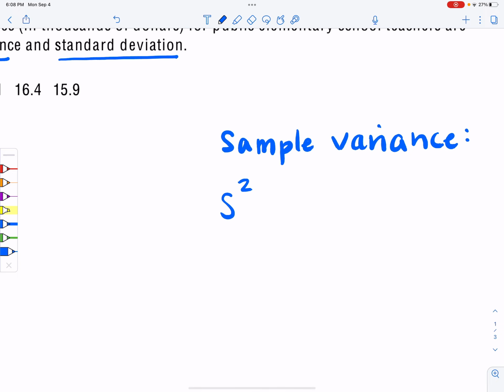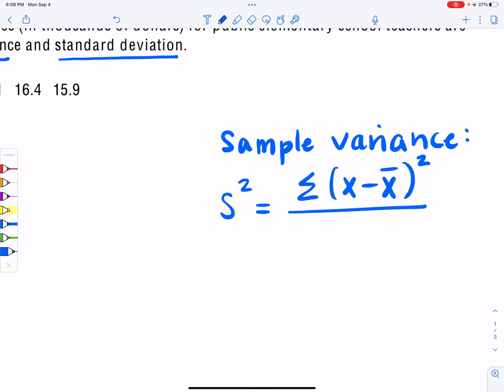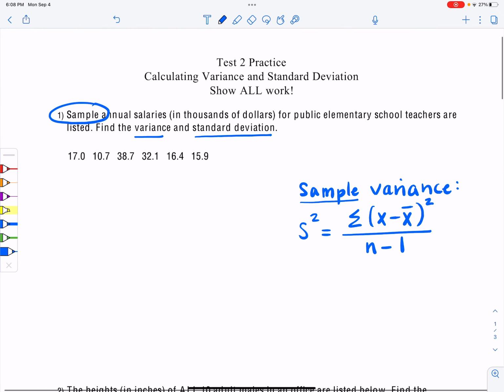We just looked at it. It says S squared is the sample variance. We calculate those same deviations squared. X bar just means it's a sample mean. We take the sum, but then we divide that sum by n minus 1 because we're dealing with a sample and not a population.